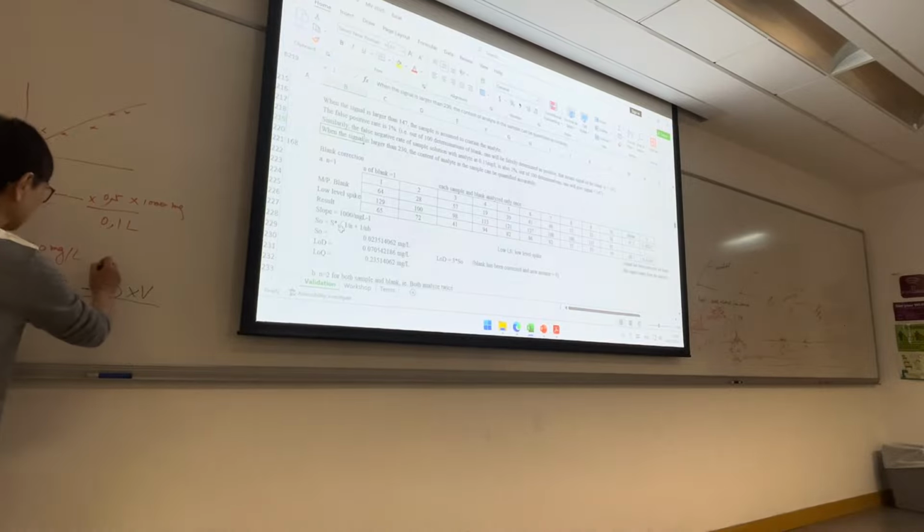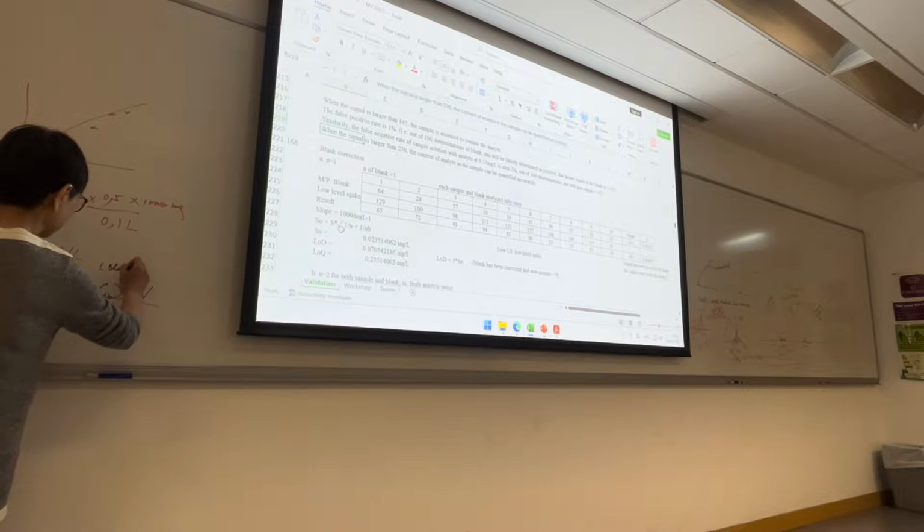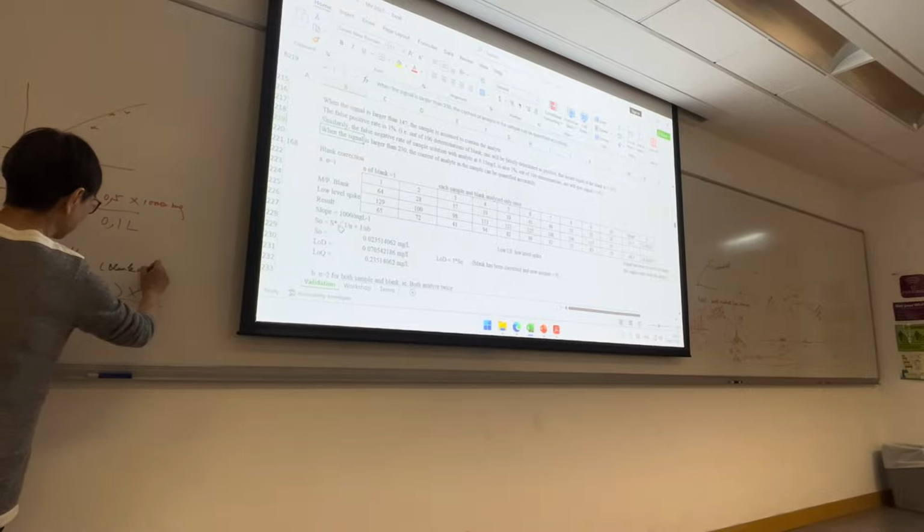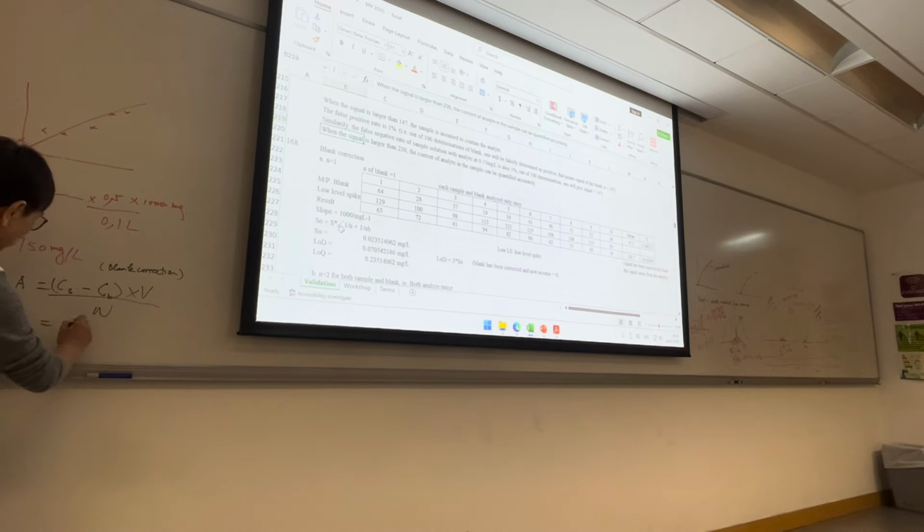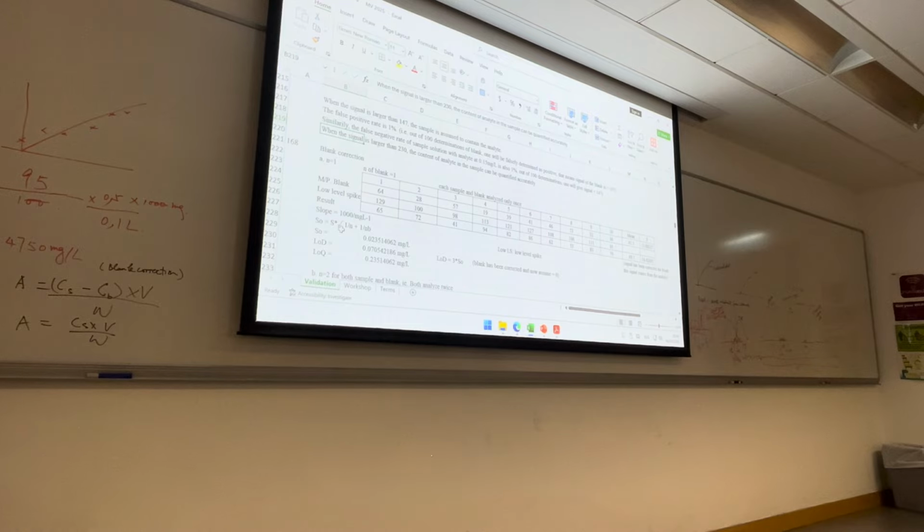If you don't correct, just directly read out from the calibration curve, we will control the blank, set criteria for the blank, but we don't correct for the blank. So two different approaches. We don't correct the blank, but we just set requirement on the blank. Okay?